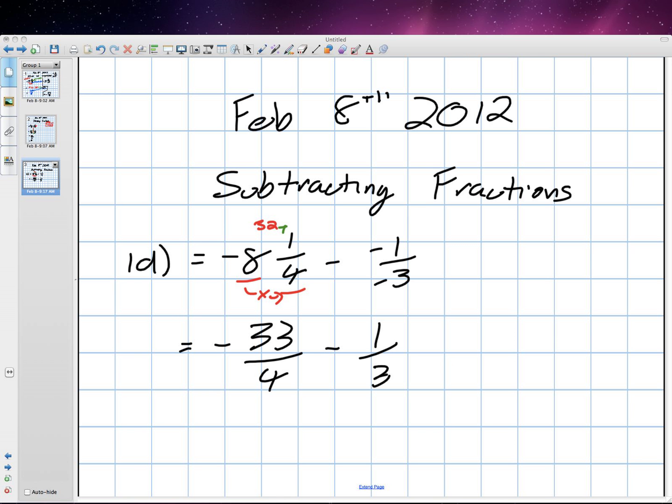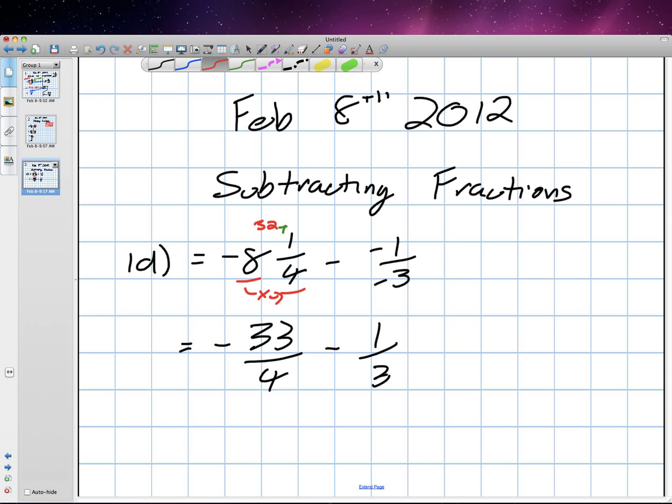So now that we have this set up, when we're subtracting fractions, what do I have to do next? Something has to be common. Denominator. Okay? We have 4 and 3. Now it's usually easiest if we get the lowest common denominator, but any common denominator will work.